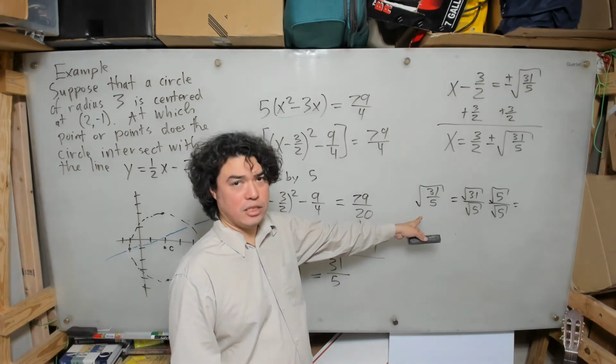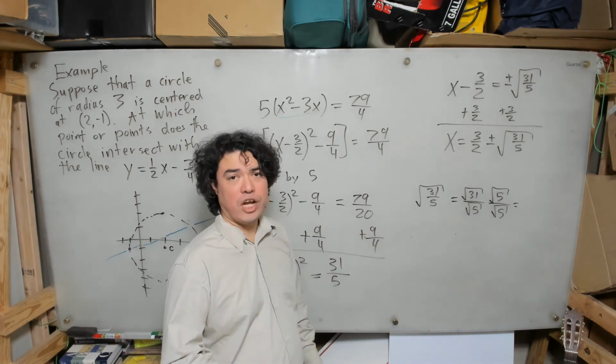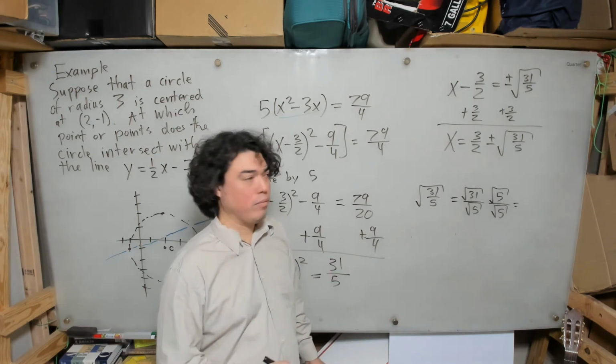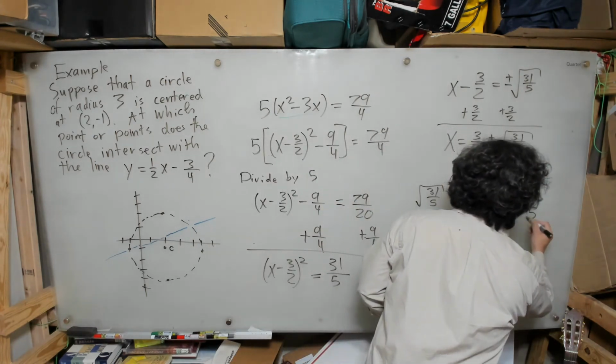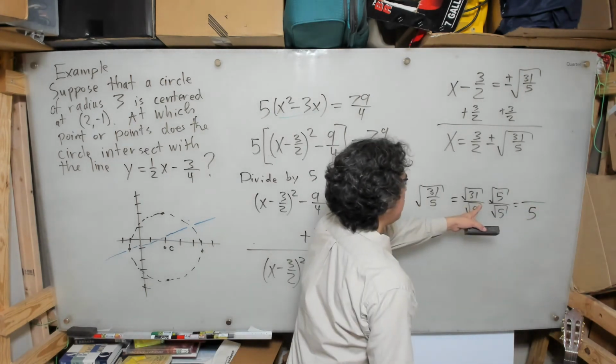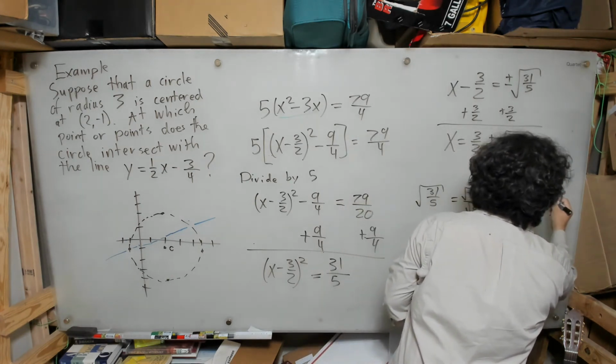We're trying to rewrite this expression, the square root of 31 over 5, as a fraction with a whole number on the bottom. Here the square root of 5 times the square root of 5, that'll be 5. And then on the top, I'm going to have the square root of 31 times the square root of 5.